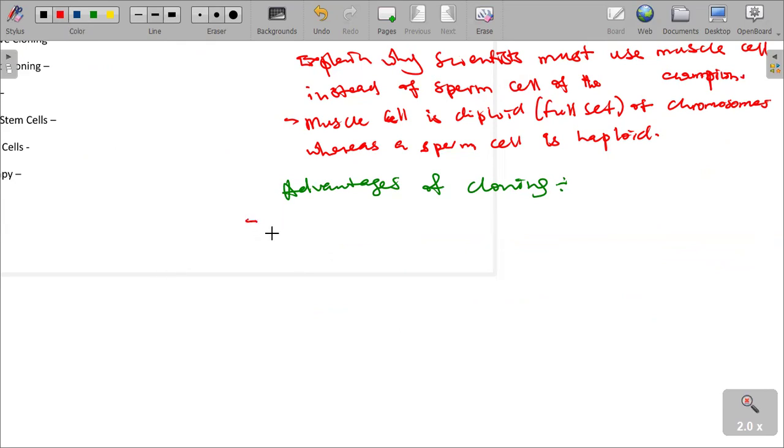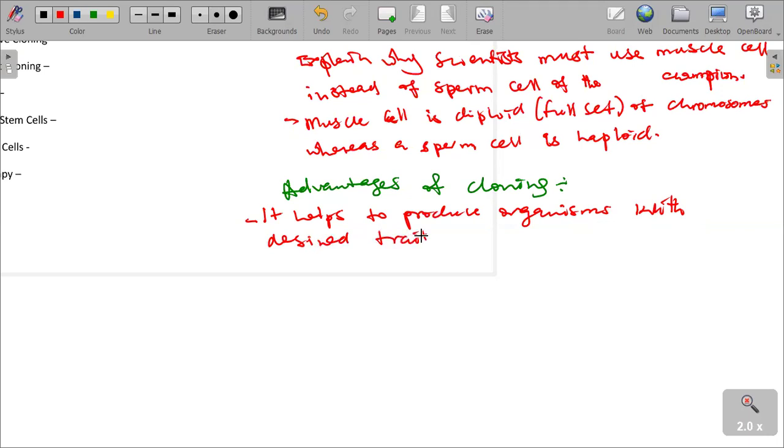Cloning helps to produce organisms with desired traits.